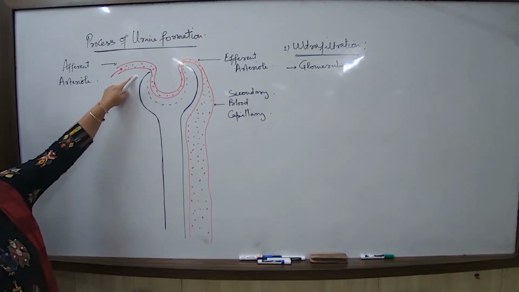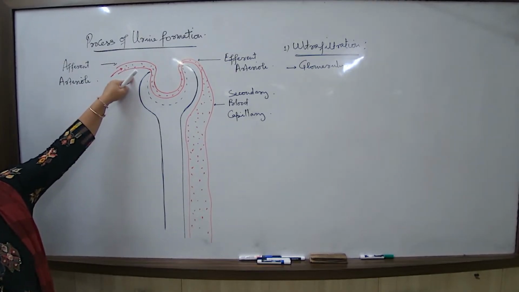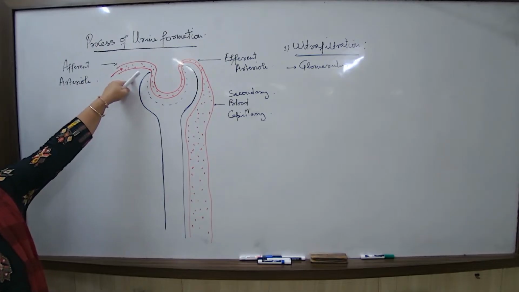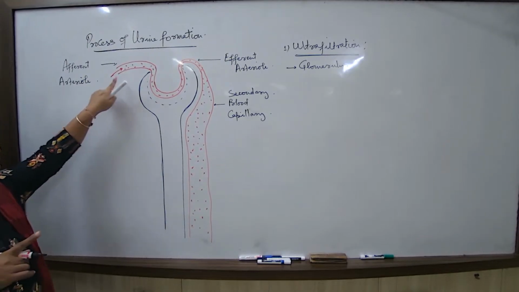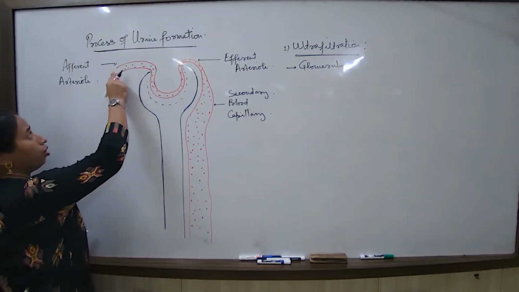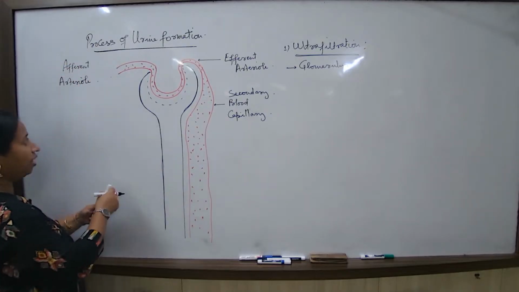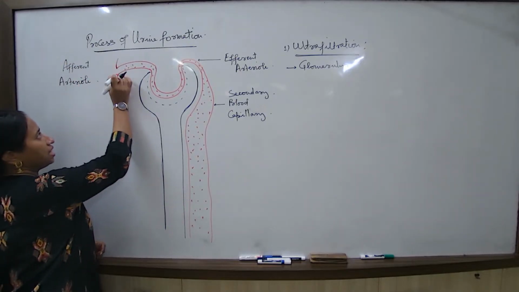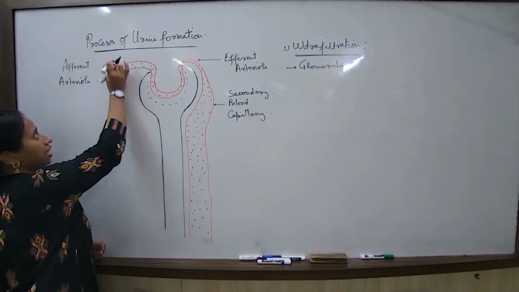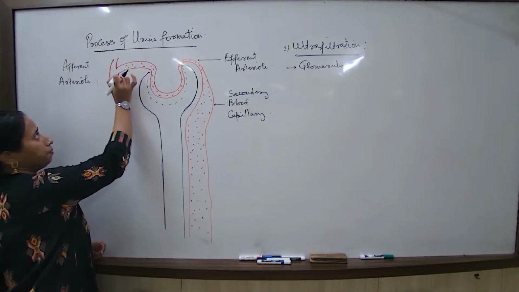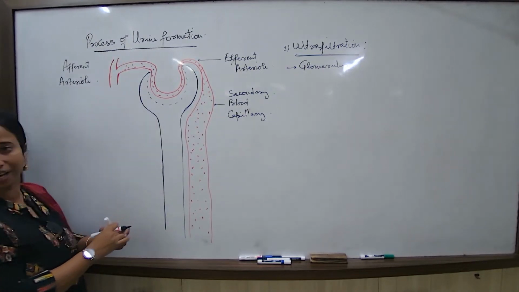If this is the afferent arteriole, try to recollect what we had studied the last day. This is the afferent arteriole. And before the afferent arteriole, if I have to draw one more vessel here, which is this vessel? The renal artery.